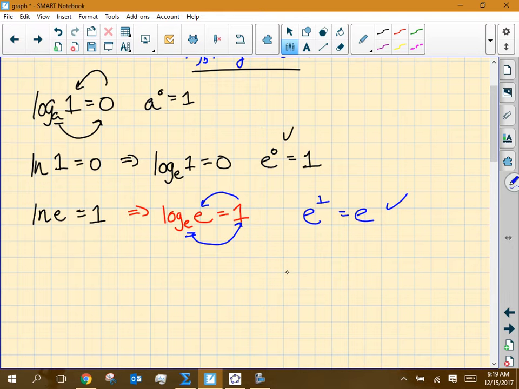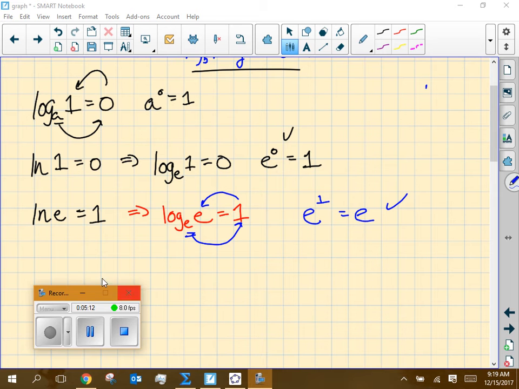Okay, and if you remember, that parallels the property from a couple days ago: log base a of a is equal to 1. A raised to the first power comes back and gives me a. Okay? So there are some unique properties here.